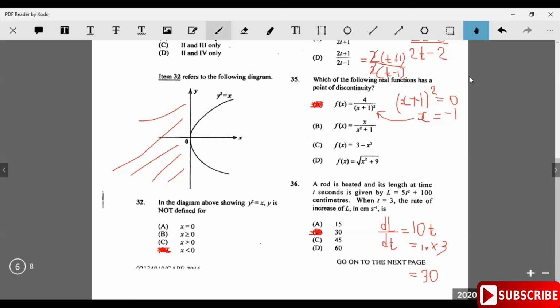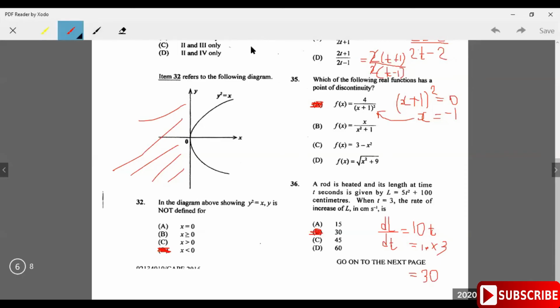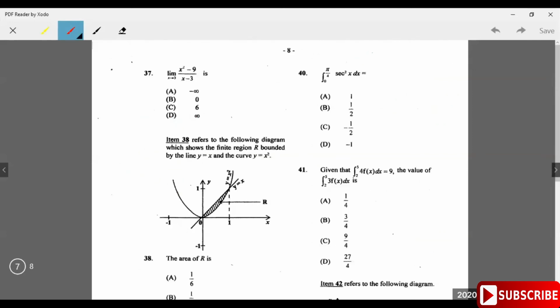And so now we go to the final set of questions, which is question 37. Question 37 is asking us to find the limit as x goes to 3 of x squared minus 9 over x minus 3. Now, if you directly plug in 3, you're going to get 0 over 0.